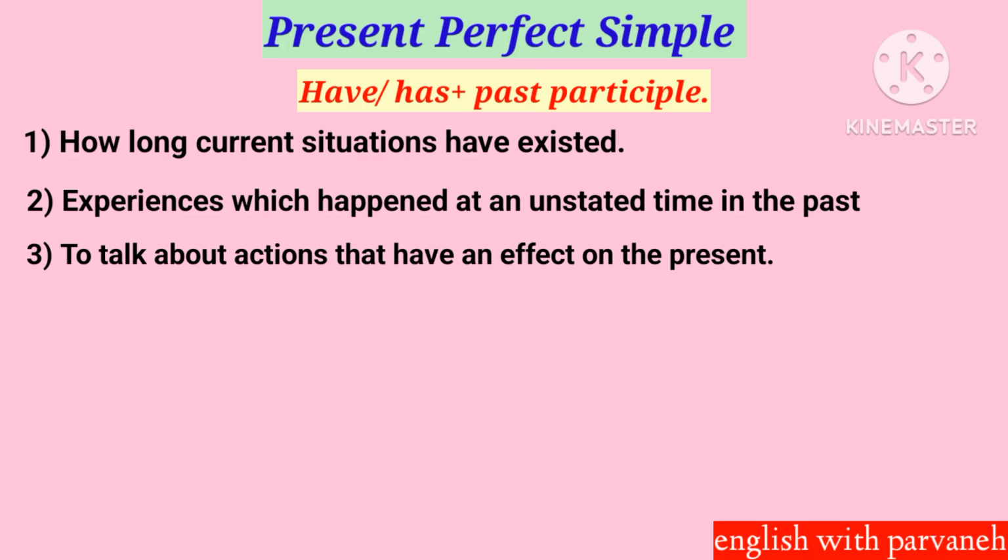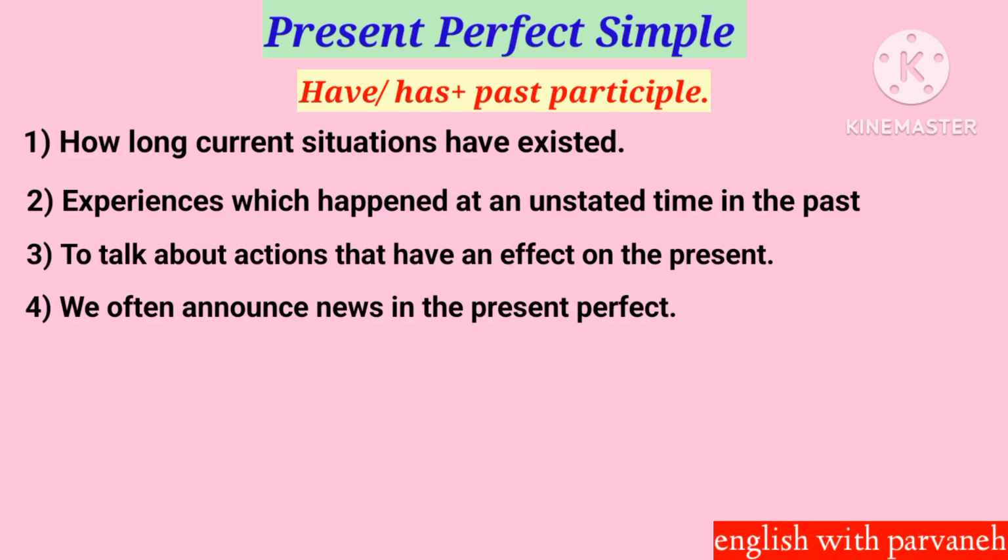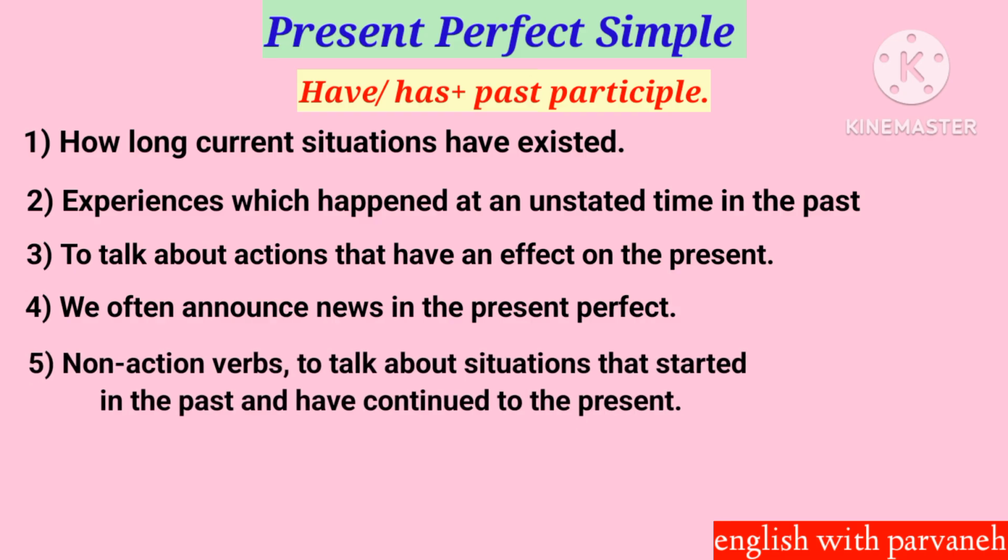Number three, to talk about actions that have an effect on the present. Number four, we often announce news in the present perfect. And number five, with non-action verbs, we use present perfect to talk about situations that started in the past and have continued to the present. All right, these are the uses of present perfect simple.